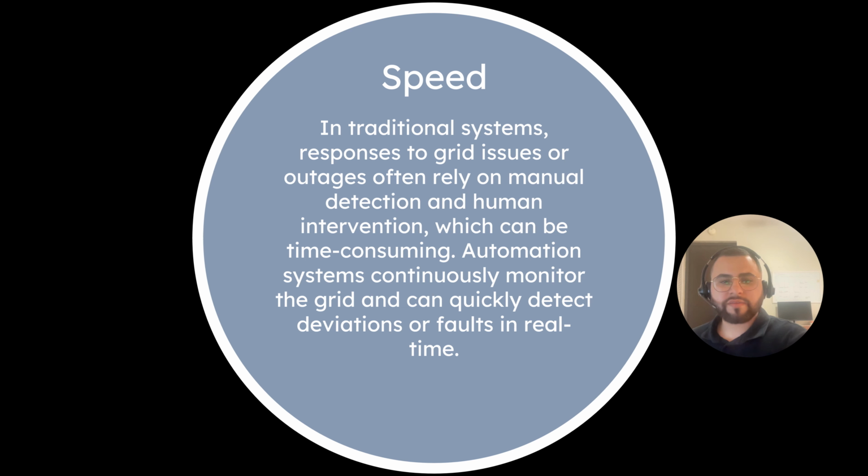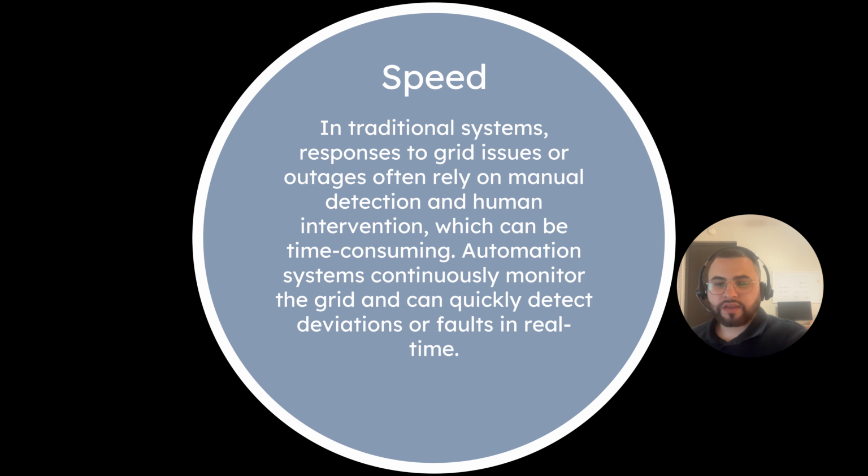Now, let's explore the essential difference between traditional and automation systems in responding to grid issues within electric utility systems. In a traditional system, the response time to a grid issue or outage typically hinges on manual detection and human intervention.